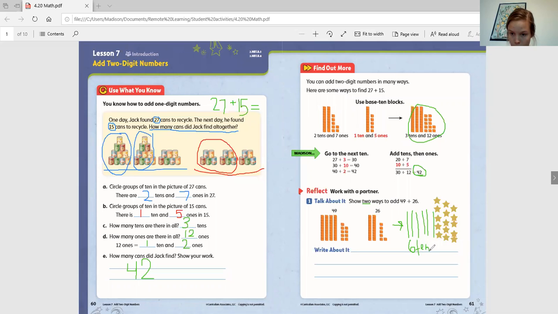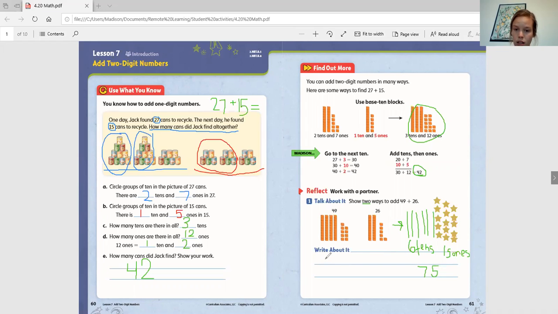I'll put that down right there. Now let's count up our ones. 1, 2, 3, 4, 5, 6, 7, 8, 9, 10, 11, 12, 13, 14, 15. 15 ones. And then I add those both together and I'm going to get my 75.